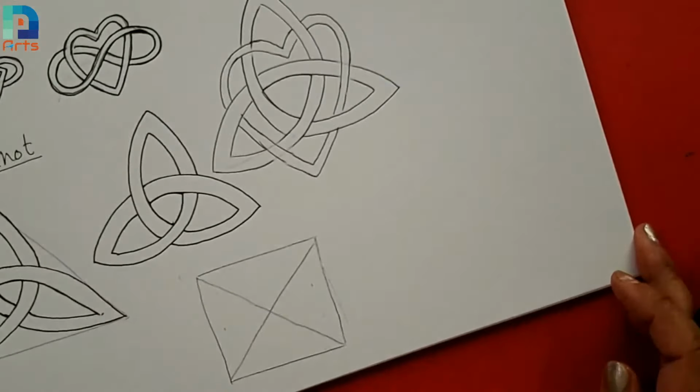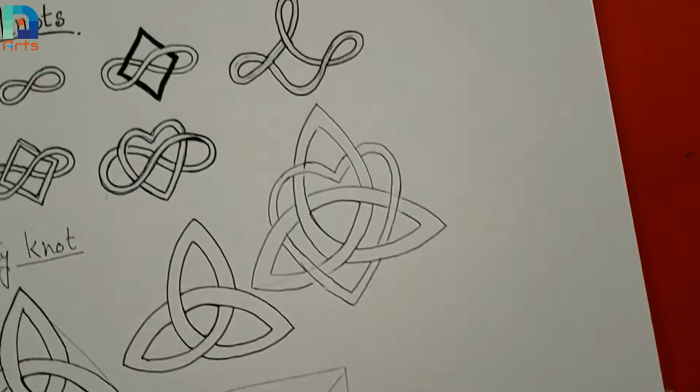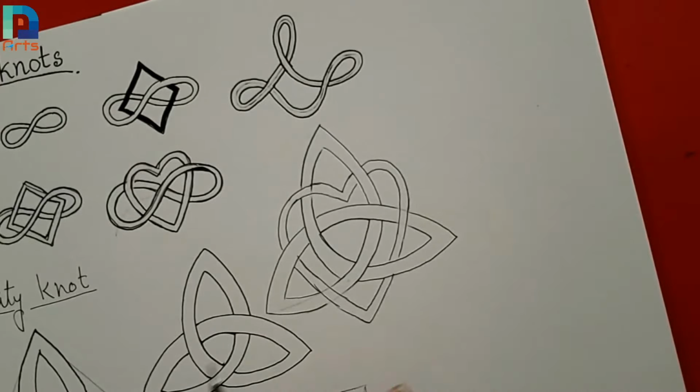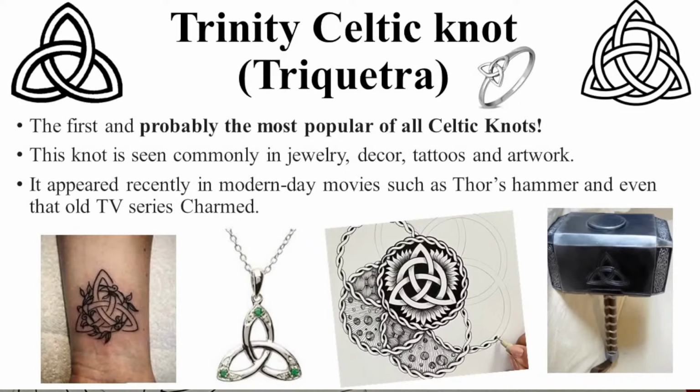So how about you can do this one later, and I would suggest you to draw 2 Trinity symbols, and they all have the names and the different variations. Just with the one symbol, this is the very common symbol. You can see this one here. This is the first and probably the most popular of all Celtic knots. This knot is seen commonly in jewelry, decor, tattoos, and artwork. In the Thor's hammer, they have etched this symbol.